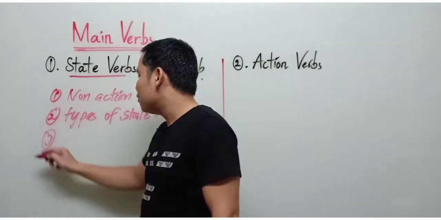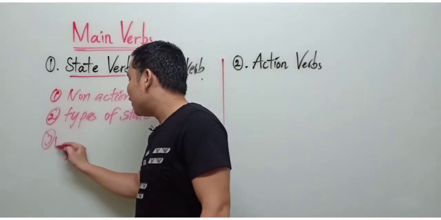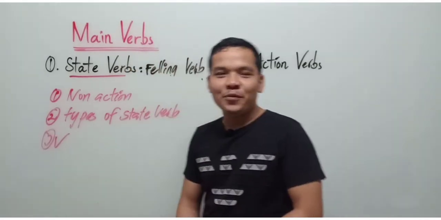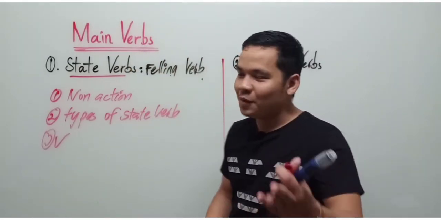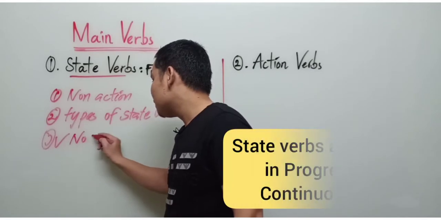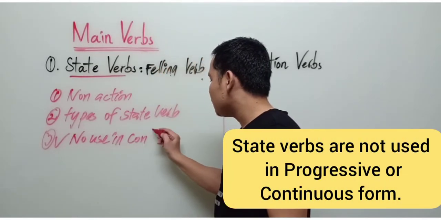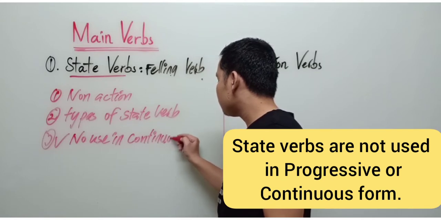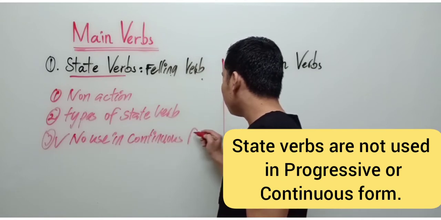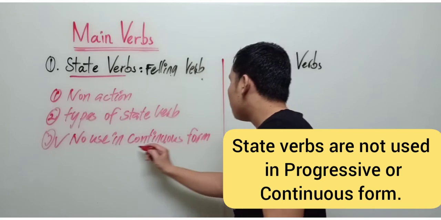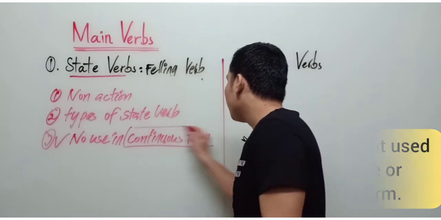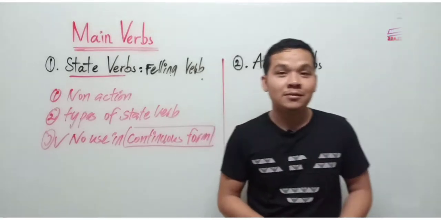And another one, this one, I let you know, state verbs. Do we use state verbs in progressive form? No. So we don't use them in continuous form. Continuous form, you know. So state verbs, of course, we don't use in continuous form.